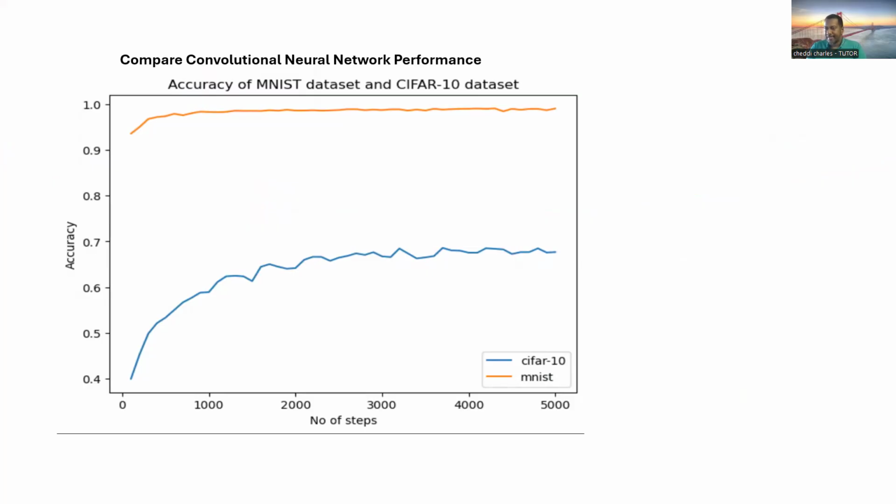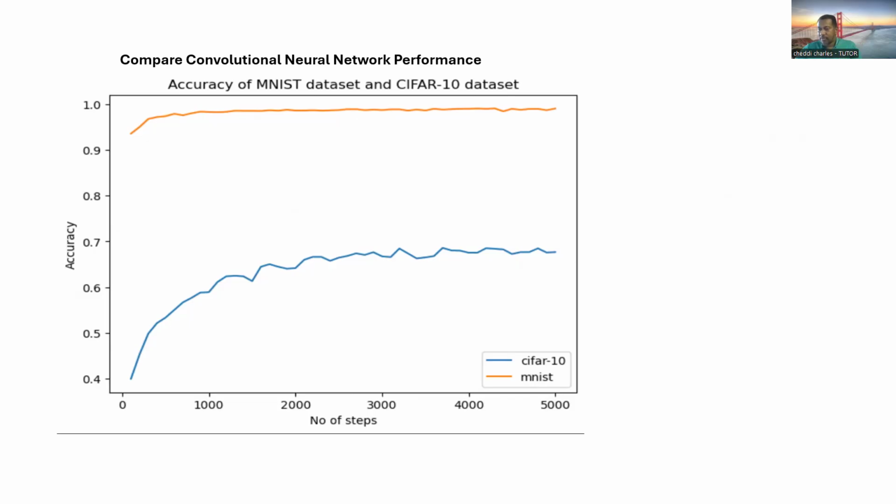First of all, the MNIST dataset is made up of grayscale digits from 0 to 9. Just digits 0 to 9. Compared to the CIFAR-10 dataset, made up of objects like animals, planes, different colors, backgrounds. Remember, it was 3-channel compared to 1-channel.